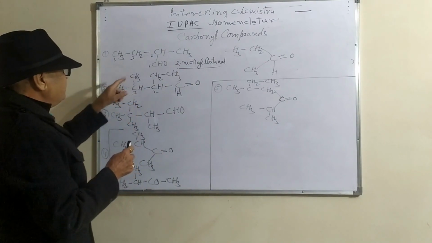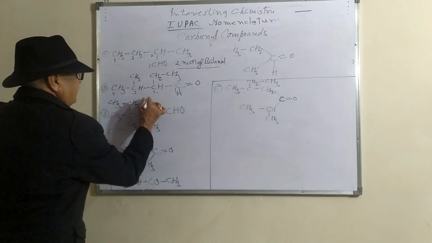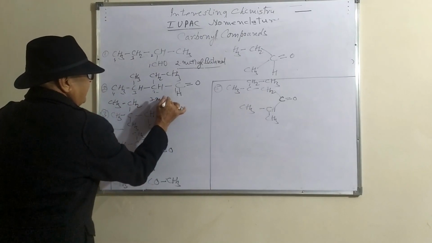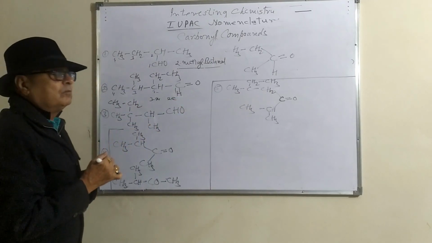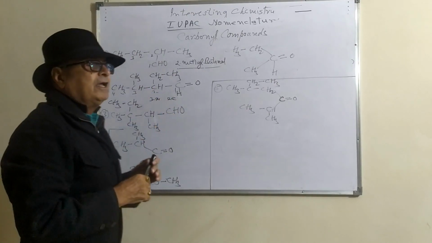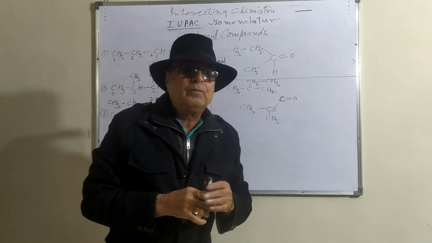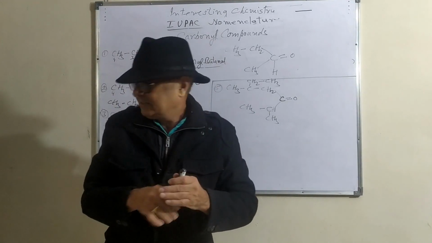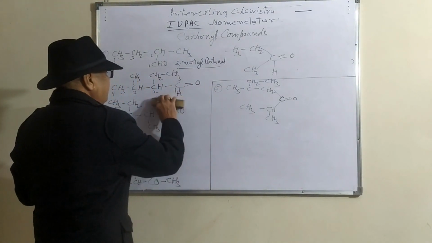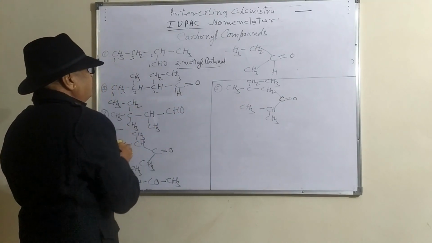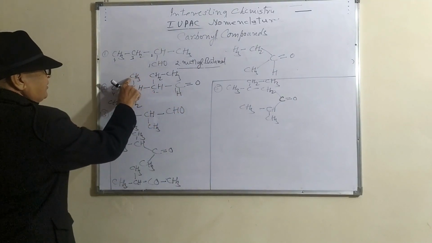If you write 3-methyl, 2-ethyl, then it will be wrong, because you are not considering the alphabetical rule. The alphabetical rule tells us the priority in writing the name: it is ethyl and it is methyl.